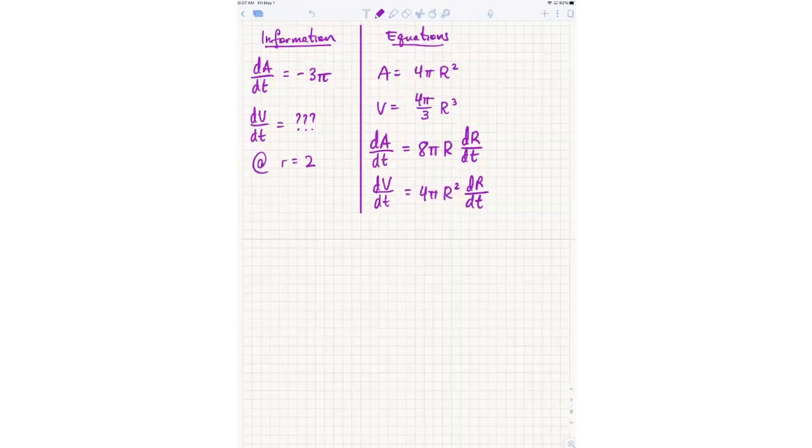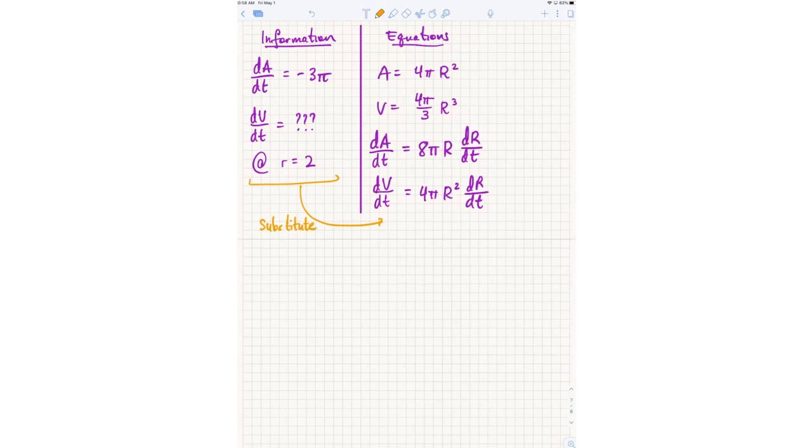Solve for dr dt. Okay, we do have to solve for dr dt. And then Samir has dA dt equal to negative 3 pi. Good. Everything that's been said is correct. I just didn't expect you to say solve for dr dt. In general, we have to substitute all of this information into these equations. And like Brennan said, the first goal is to solve for dr dt.